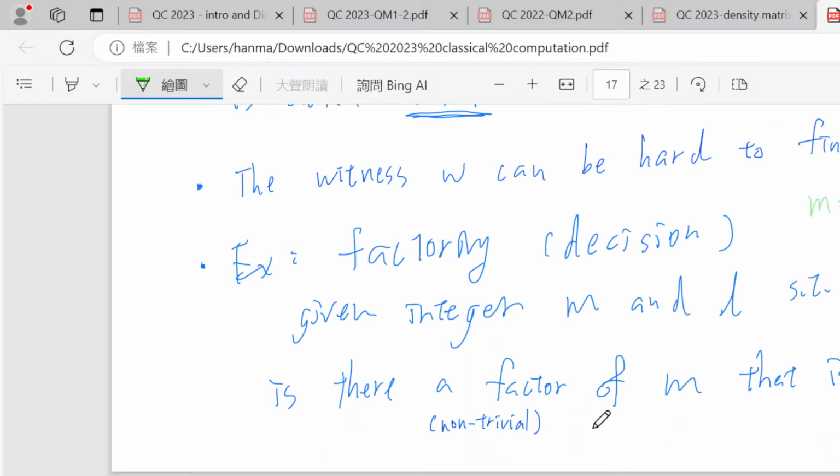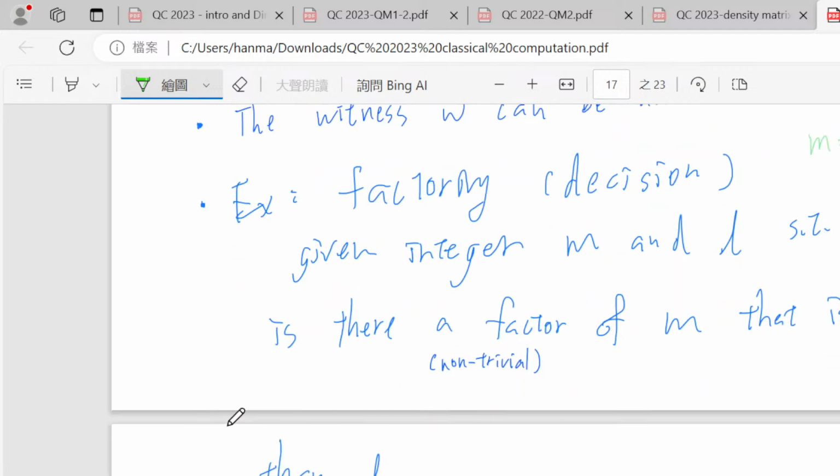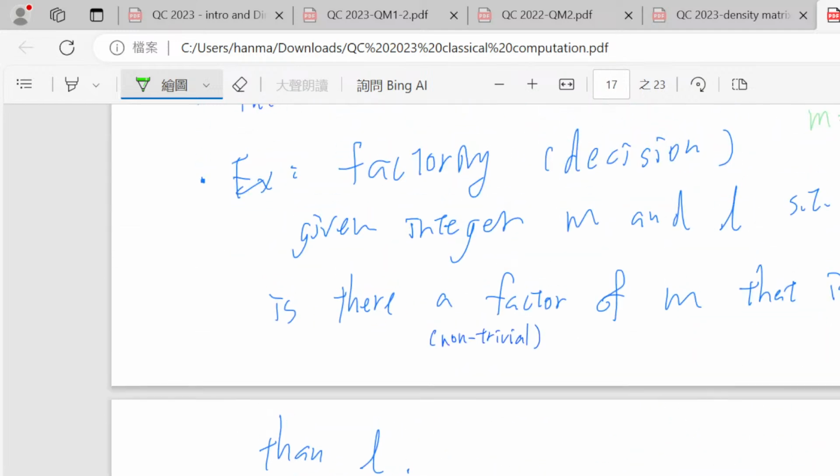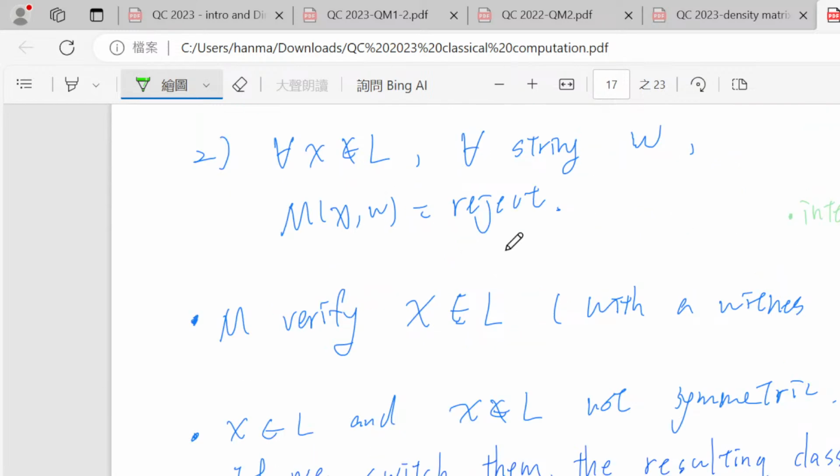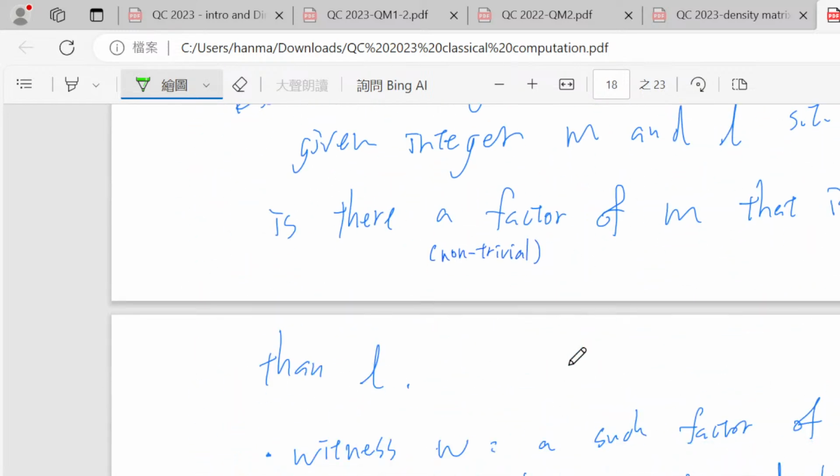Here is an example: factoring, the decision version of factoring. Basically, we are given a natural number m, and we want to say, is it a prime? Can you factor it into some number p times another number q? We give a decision version of this because we have been saying everything is a decision problem.